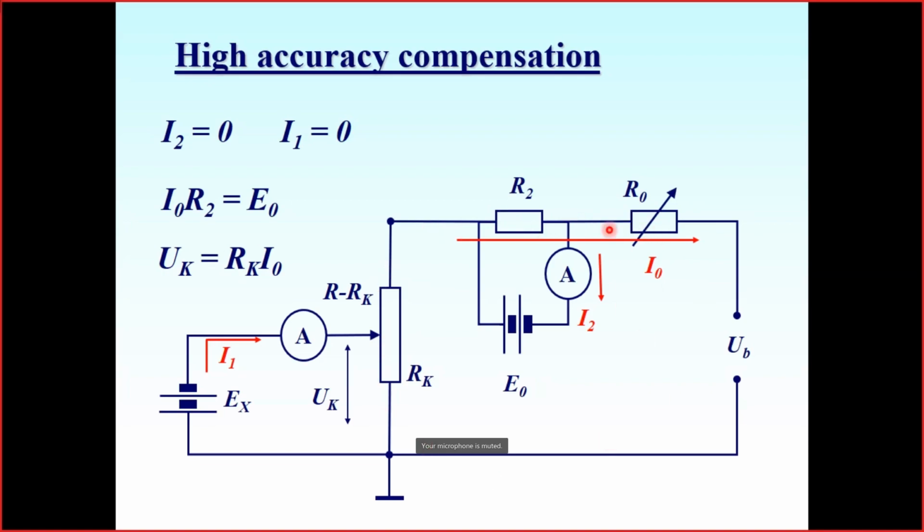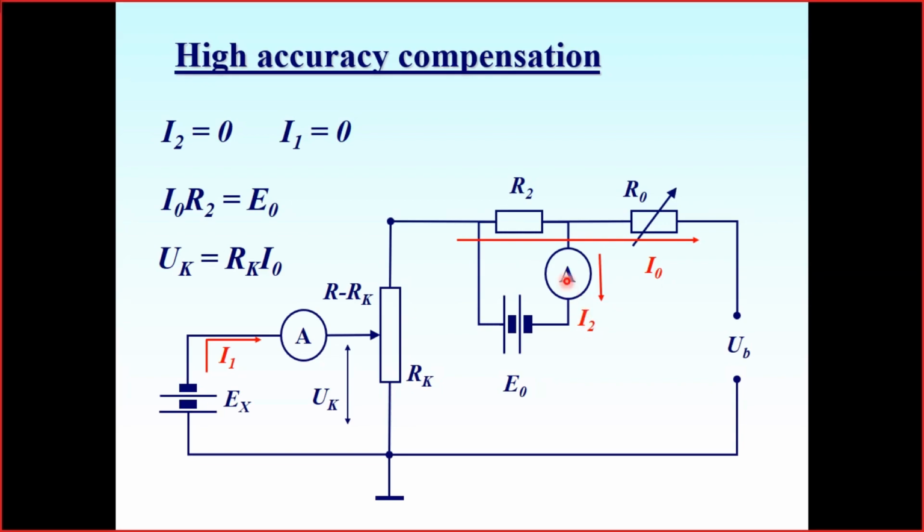So we may change the current here, and we actually do. By changing the current, we change the voltage drop over the resistor R2. Changing this voltage drop, we regulate the current until we get current I2 equal to 0.